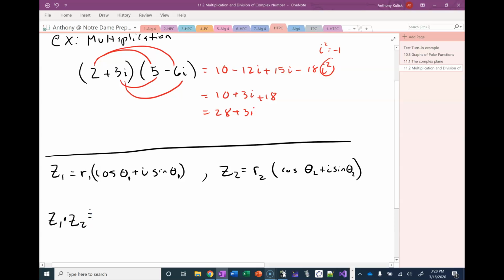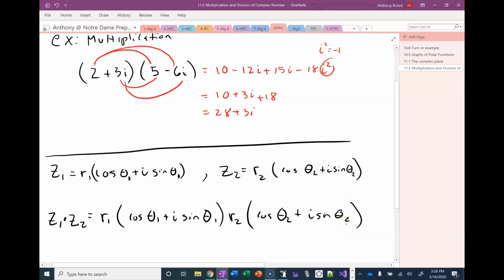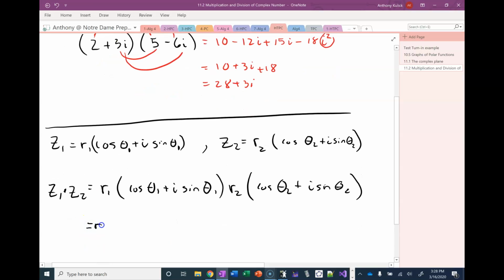Using the rule that we used above, we're just basically going to be FOILing. So what I'll do is I'm going to pull both of those r's out front. Since you just have four things that are multiplied together, you can multiply them in any order you want. And then I'm going to FOIL inside.